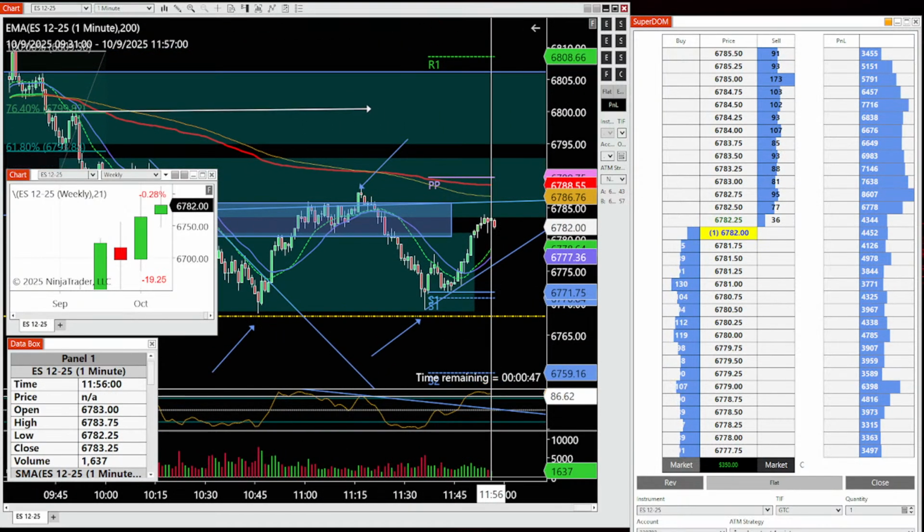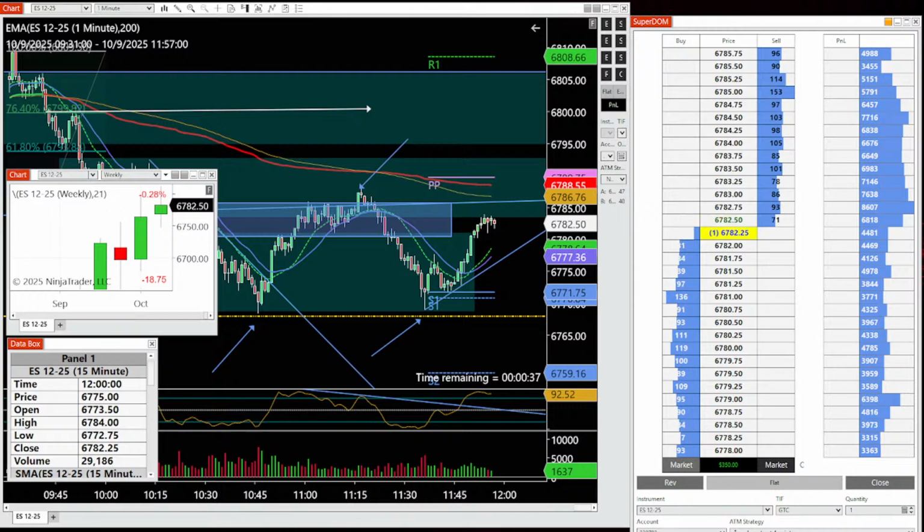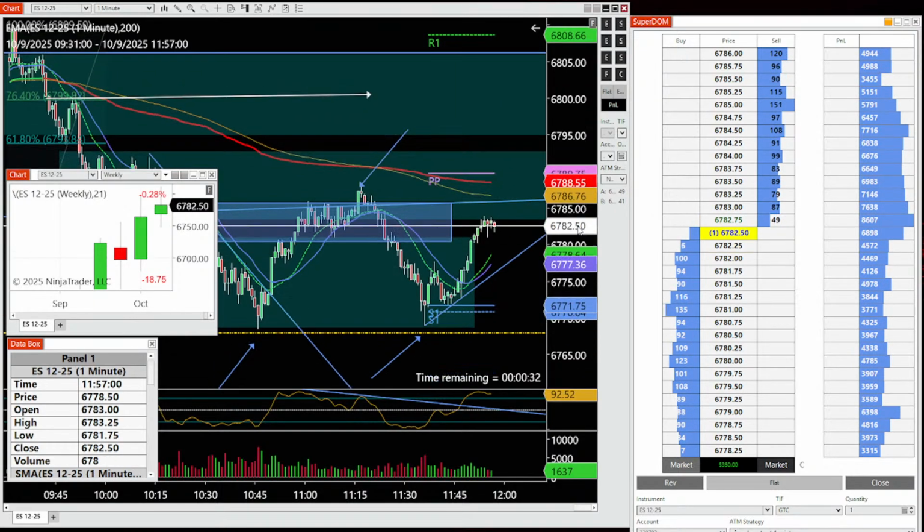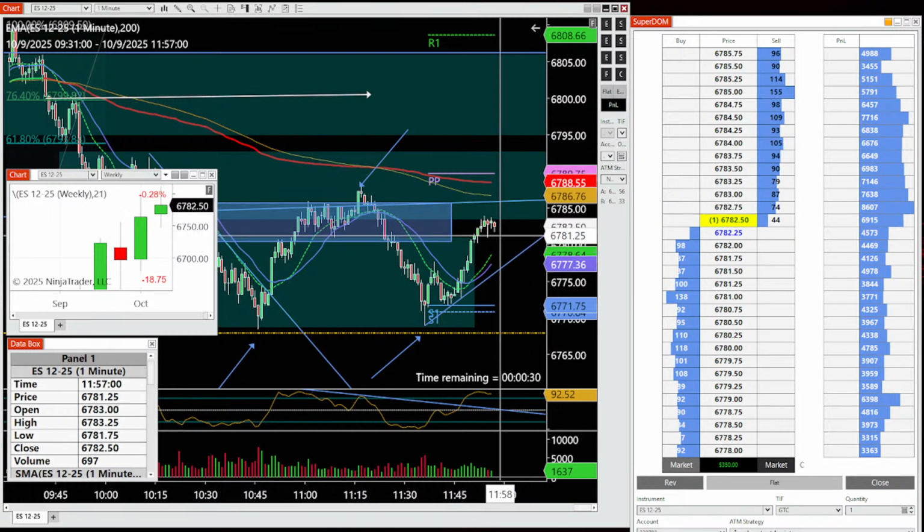Rolling over a little bit. But nah, don't want to get caught on the short side and get squeezed. Somebody's going to get squeezed.